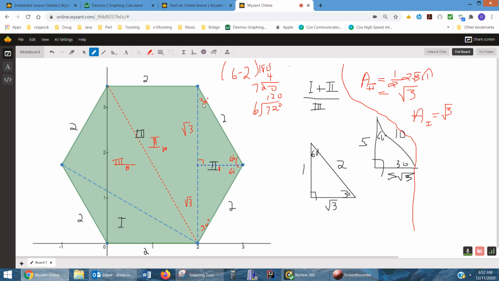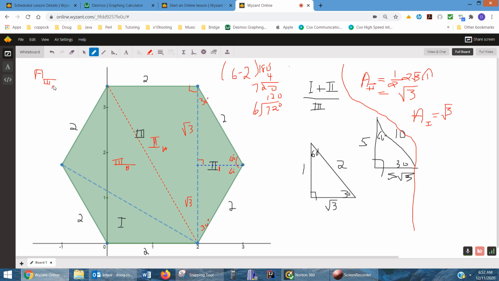And if this is a 30-degree angle, and this is a 90-degree angle, because the whole angle is 120, if we take away this 30, that leaves 90. So we can find the area of region 3A, or triangle 3A, by calling this a base and this distance a height.